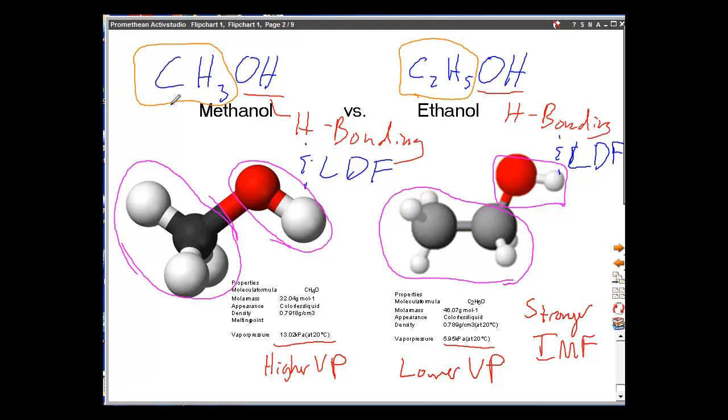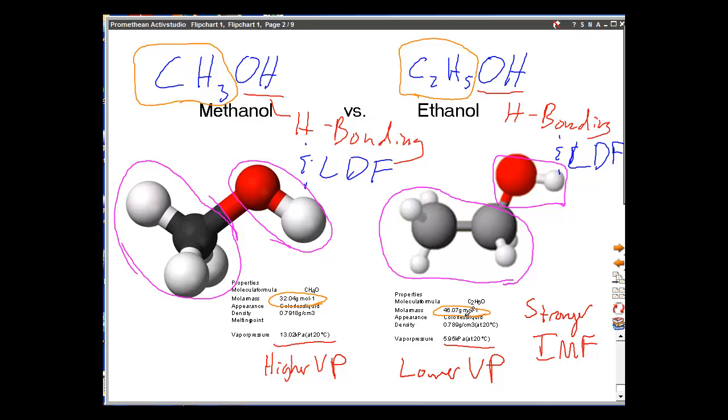Now, the molar mass of methanol is smaller than ethanol, so the effect of LDF is less in methanol than it is in ethanol. In ethanol, you have more protons and more electrons attracting each other, whereas in methanol, you have less because it's smaller. The molar mass of methanol is 32.04.